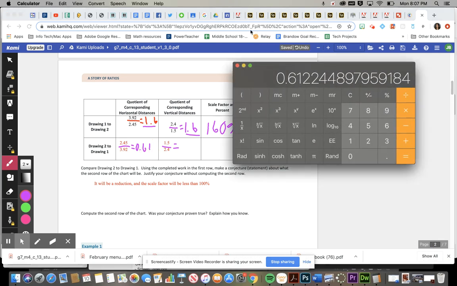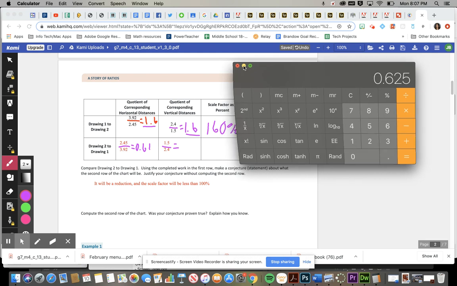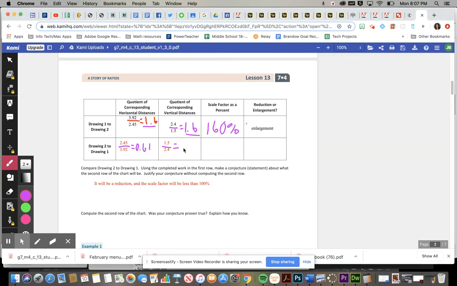And the other should be the same, but let's check. 1.5 divided by 2.4. Did I do that correct? 1.5 divided by 2.4. Oops. 0.625.